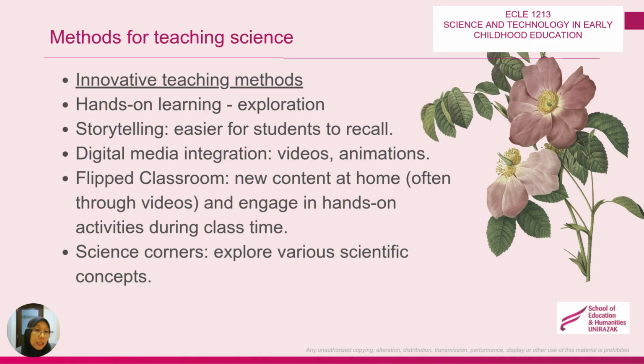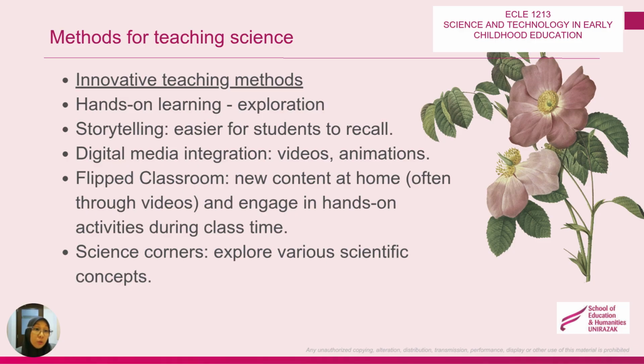So the flipped classroom approach is another great method also. Here, children can learn new content at home, usually through videos. And then in class, they can engage in hands-on activities. This will help to deepen their understanding. And then lastly, the creation of a science corner.